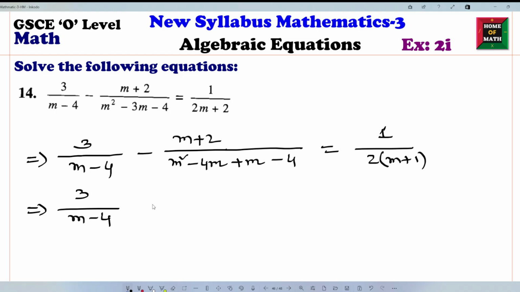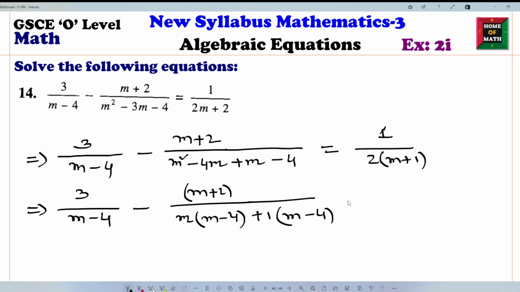3 over m minus 4 minus m plus 2, we can take m common, so we write m minus 4 plus 1 common, again m minus 4, equal to 1 divided by 2 times m plus 1.